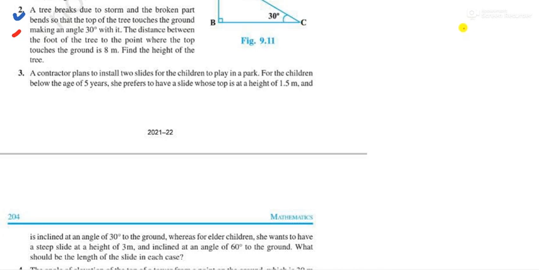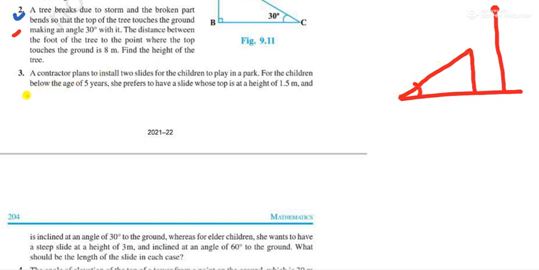Imagine there was a tree, and due to the storm it got broken, and the top part touches the ground like this. The top makes an angle of 30 degrees with it.